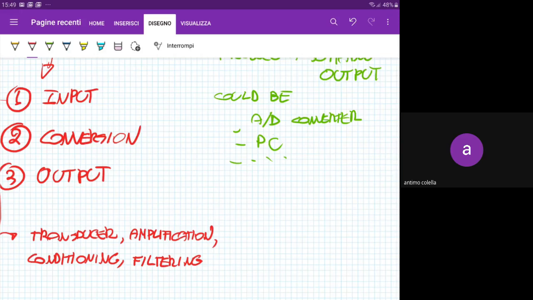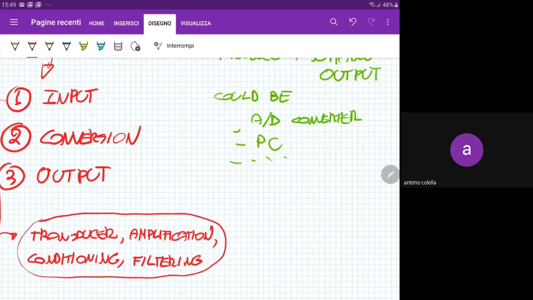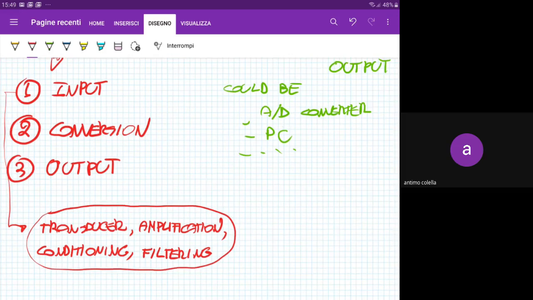By the way, this amplification, conditioning, filtering will be part of a further analysis that we are going to have next in the course. That represents what is to me the first stage, the input stage of your data acquisition system.